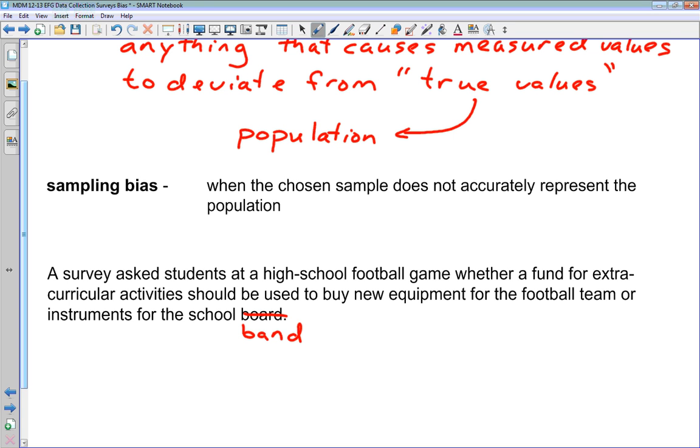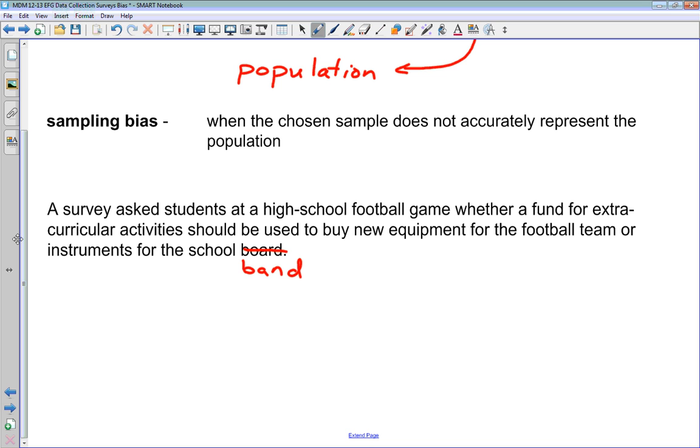Let's first identify the population that is under study here. Who are we trying to get information about in this survey? Who are we studying? All the students at the school. Excellent.